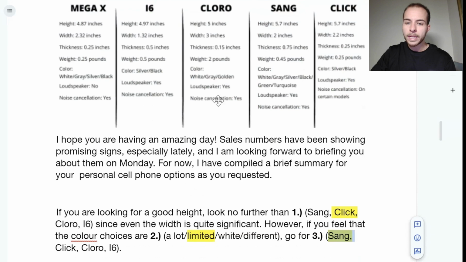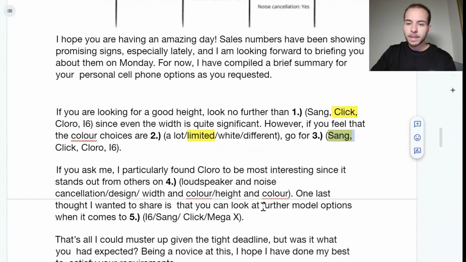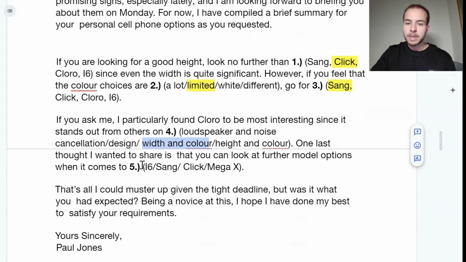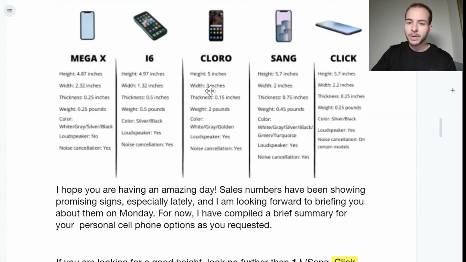Width and weight. Loudspeaker, width and... It stands out because of its width and color or height and color. Which one is more superior? Width and color, weight and color.